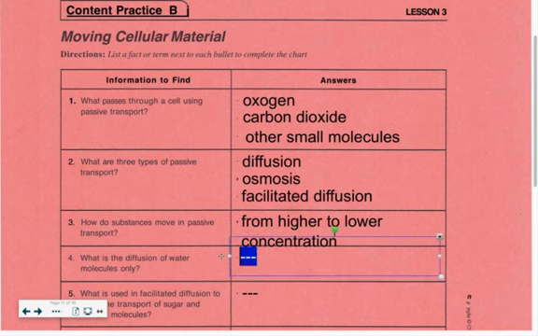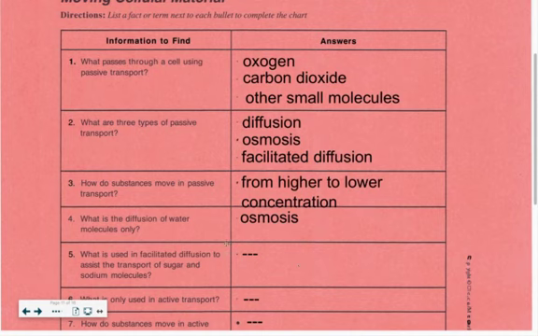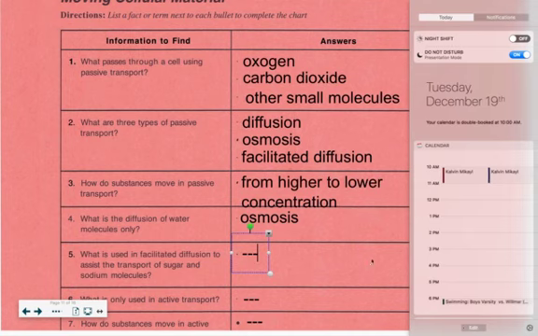It is osmosis. And then what is used to facilitate diffusion to assist the transportation of sugar and sodium molecules? Carrier proteins, channel proteins.